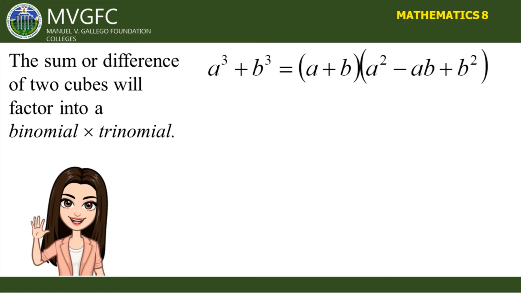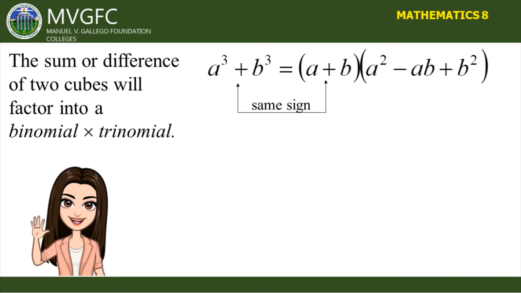So a plus b is the binomial, and a squared minus ab plus b squared is our trinomial. For the sign, if you look at the given sum of two cubes, since it is the sum, that is positive. So for the binomial, the operation in between the terms is positive.